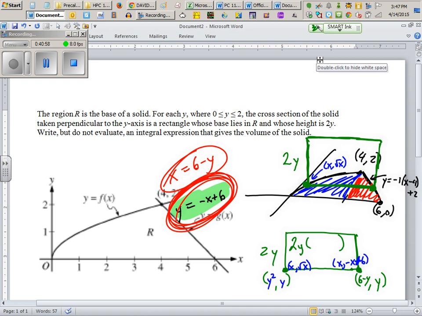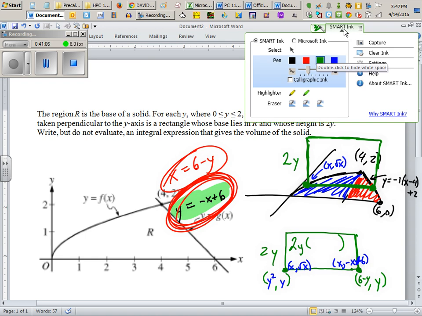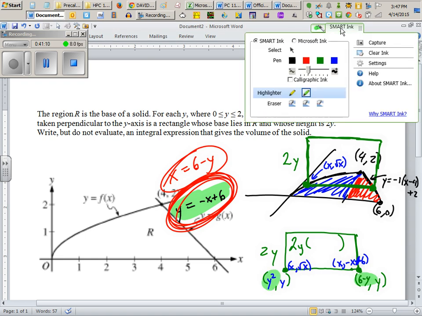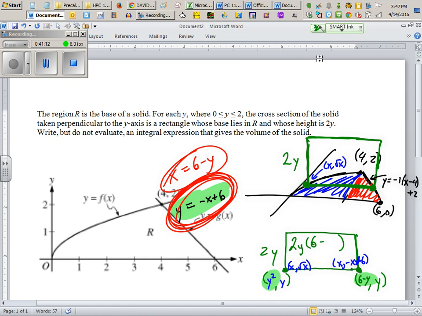So I'm going to be using 6 minus y minus y squared. That will be the length of that segment. That becomes our area, our differential area.